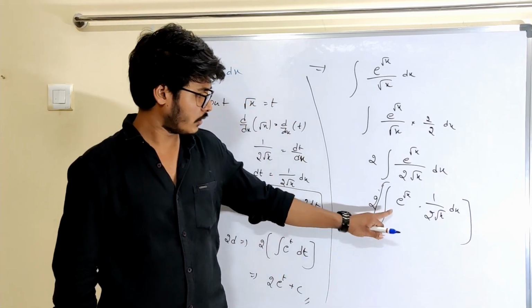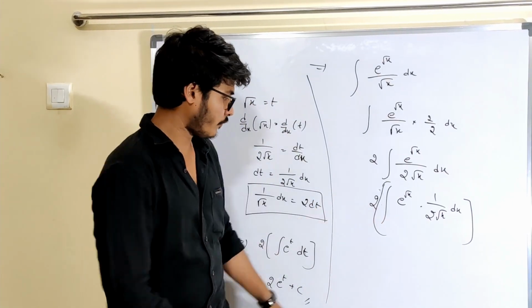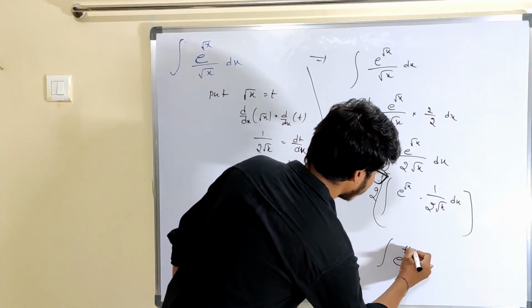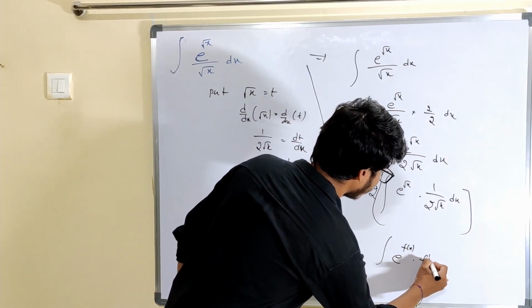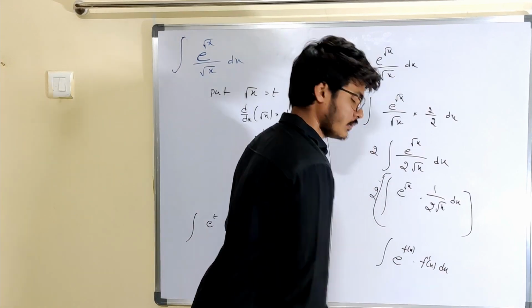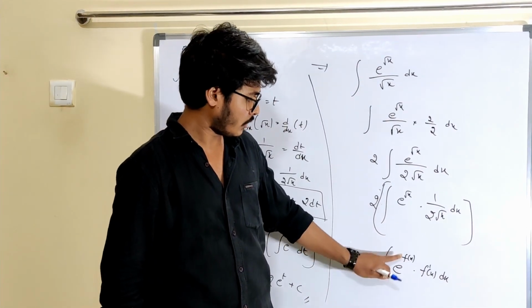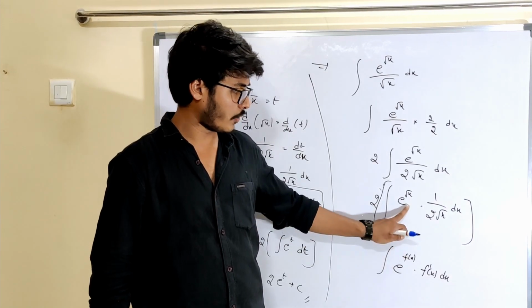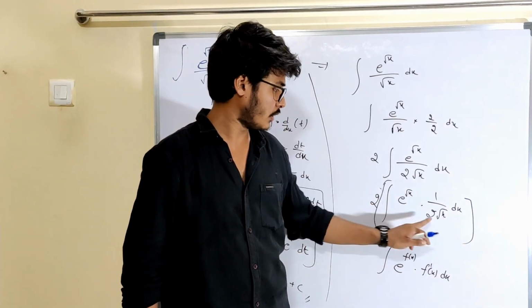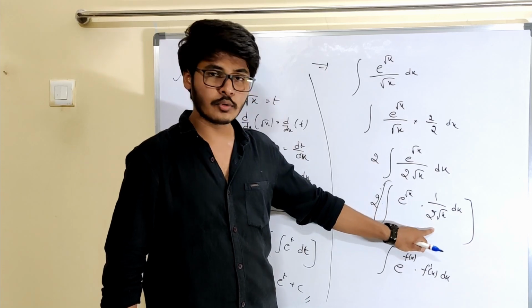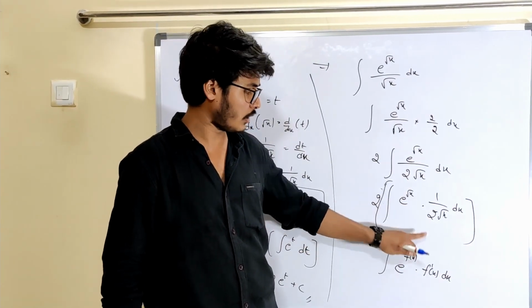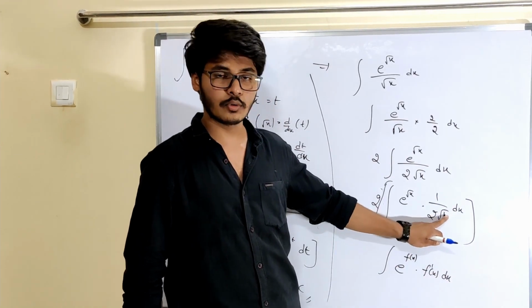Here as you can see that it is in the form of integral e power f of x into f dash of x dx. Here 1 by 2 root x is differentiation of root x. So f of x is root x here and f dash of x is 1 by 2 root x here.